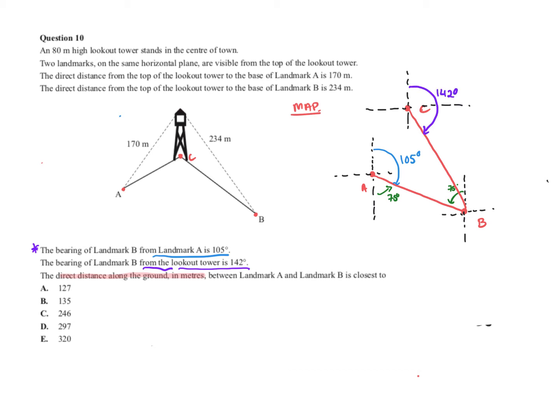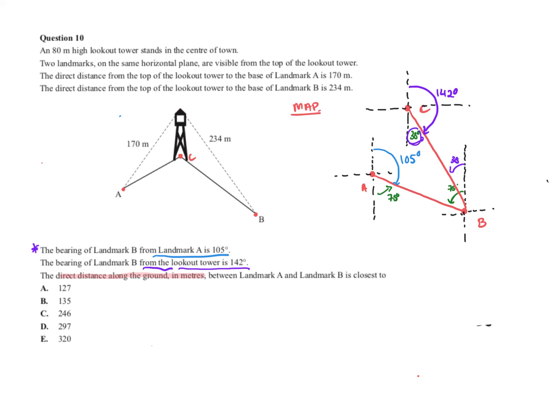So what other little pieces of information do we know? We know this is 38 because a straight line has to add up to 180. If this bit's 38, we also know that in here is also 38, because of that one there and the parallel lines.